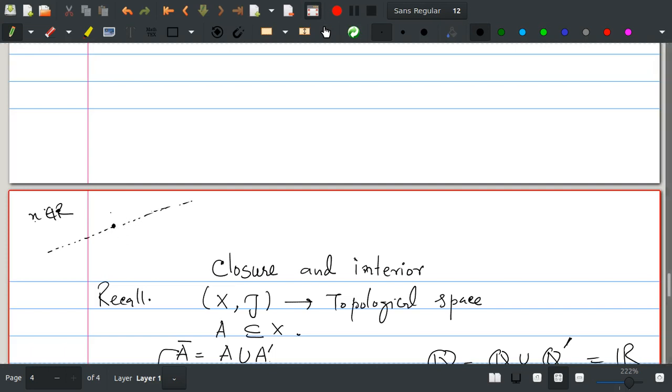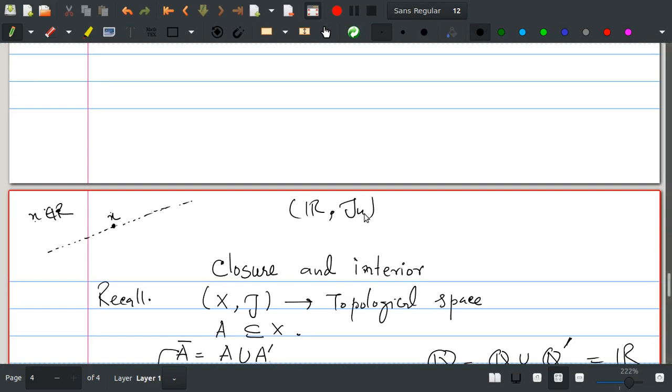So we claim that this point x is actually a limit point of Q, but that means for any open set which contains this point x, it must contain at least one point of Q different from x. Now in R, with respect to the usual topology, the open sets are either the open intervals or the union of open intervals.